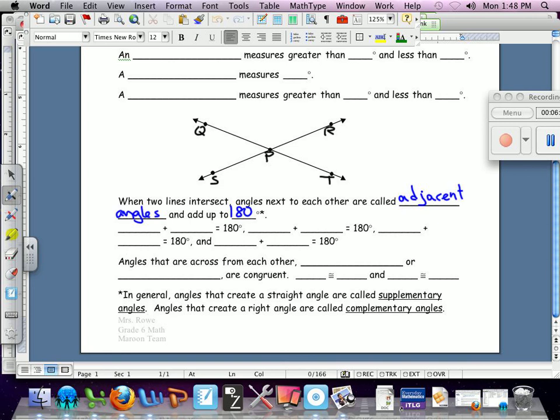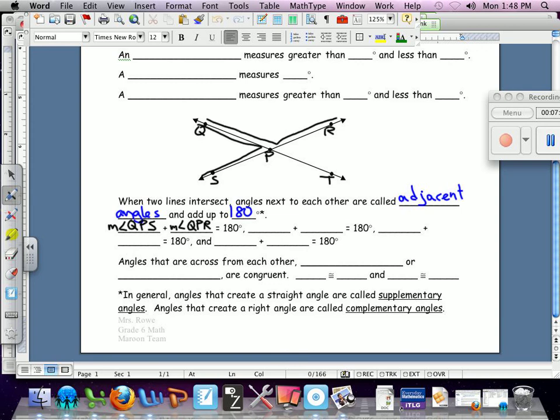The first one I did was the measure of angle QPS, so that's this one here, Q to the P to the S, is going to get added to the measure of angle Q to the P to the R, and would get me 180 degrees. So that's looking at this one here with this one here.